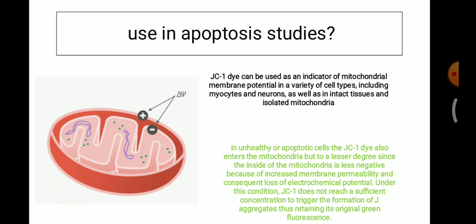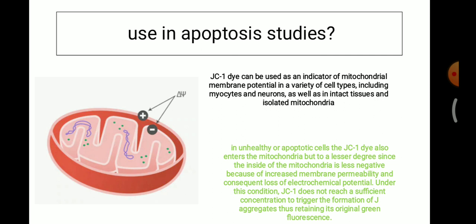So what is the use of this dye in apoptotic studies? JC1 dye can be used as an indicator of mitochondrial membrane potential in a variety of cell types, including myocytes and neurons, as well as in intact tissues and isolated mitochondria.